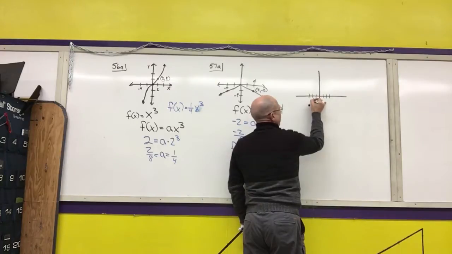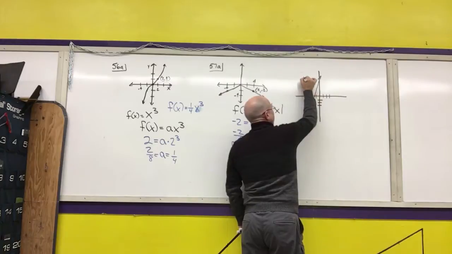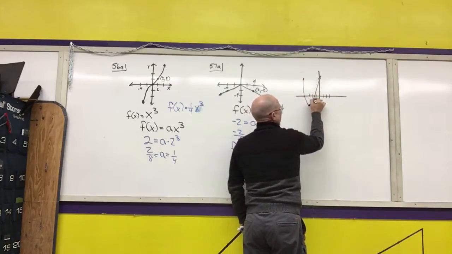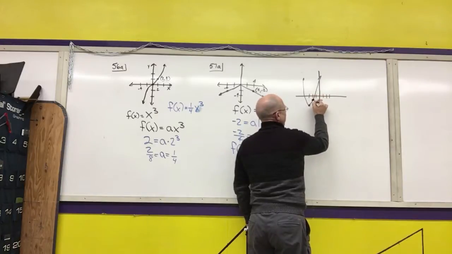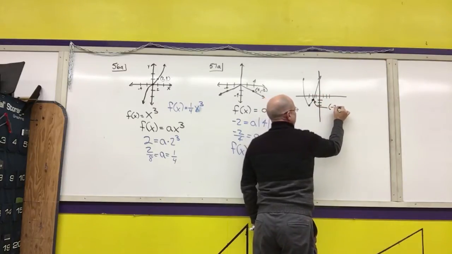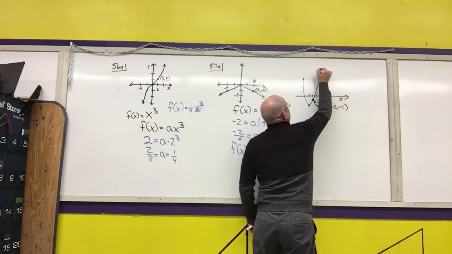And I'm going to give you one more point on the function. That point is at (-2, -1). This is my x. This is my y.